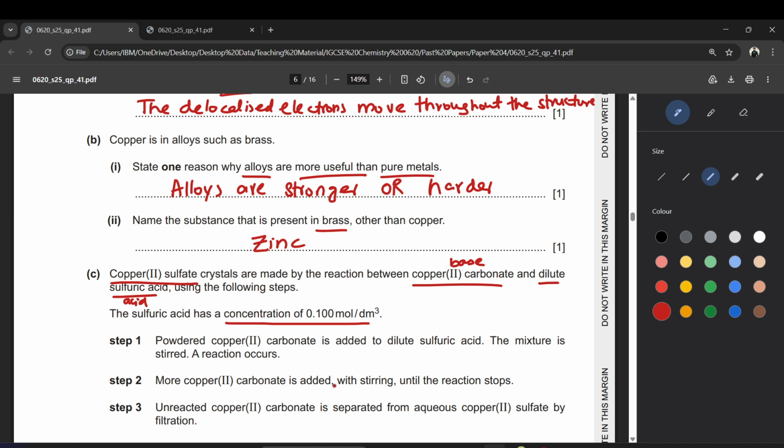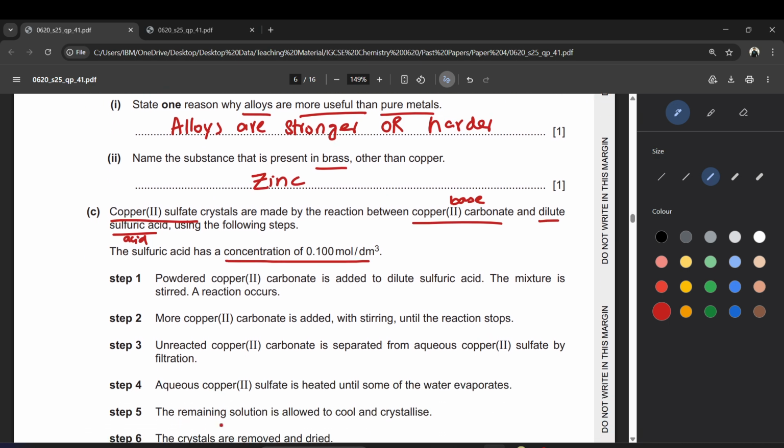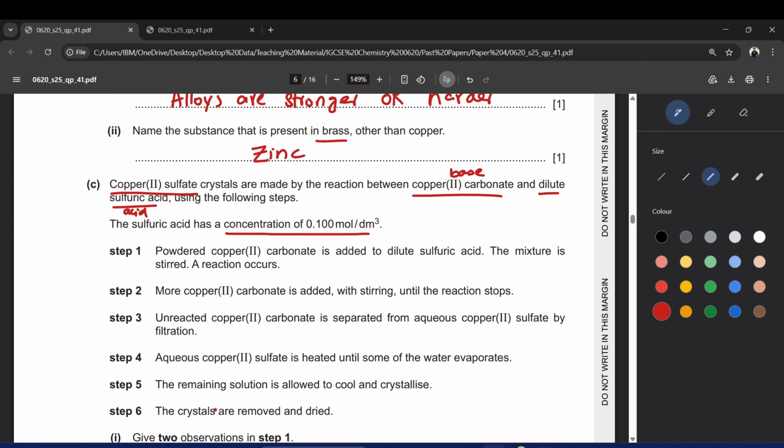More copper 2 carbonate is added with stirring until the reaction stops. Unreacted copper 2 carbonate is separated from aqueous copper 2 sulfate by filtration. Then in step 4, aqueous copper 2 sulfate is heated until some of the water evaporates. Step 5. The remaining solution is allowed to cool and crystallize. Step 6. The crystals are removed and dried. Now, this six-step process is basically describing the neutralization process.